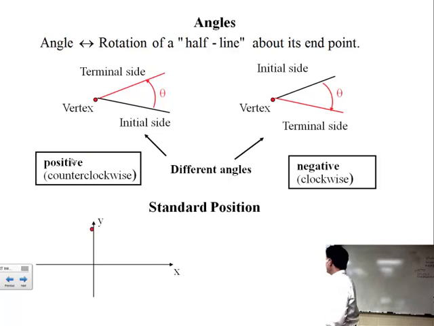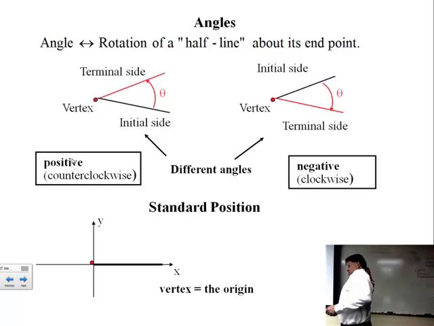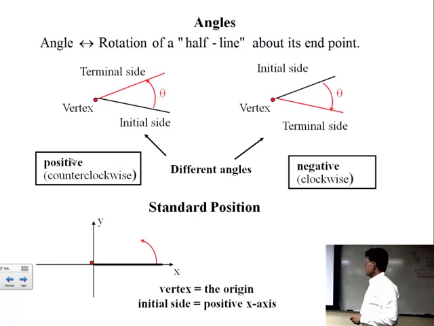So every angle we can put into standard position. An angle in standard position is one where the vertex is the origin, the initial side is the positive x-axis, and the rotation, of course, will be counterclockwise if it's positive, and clockwise if it's negative.